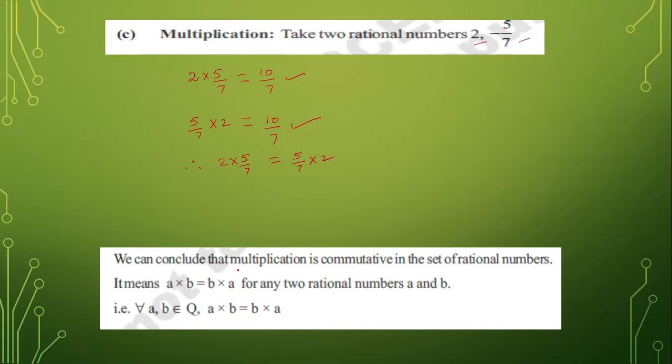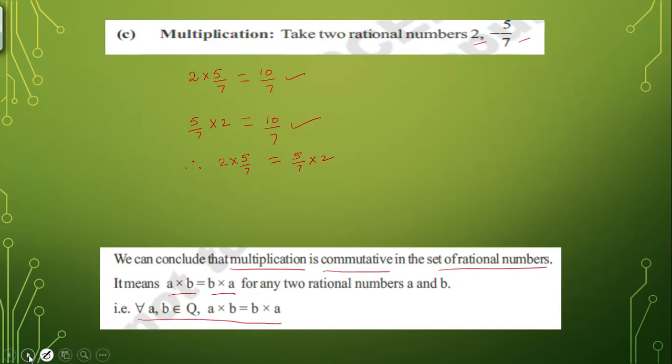A into b is equal to b into a. Here a, b means any two rationals: a is one rational number, b is another rational number. We can write this all in one single sentence: for all a, b belongs to Q, a into b is equal to b into a. Hence, the rational numbers are commutative under multiplication.